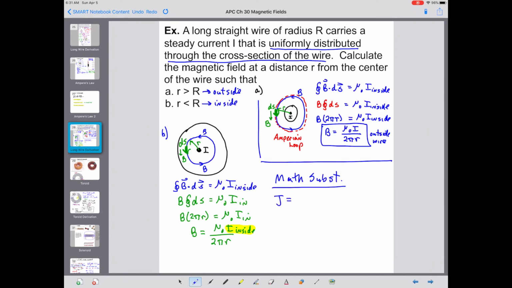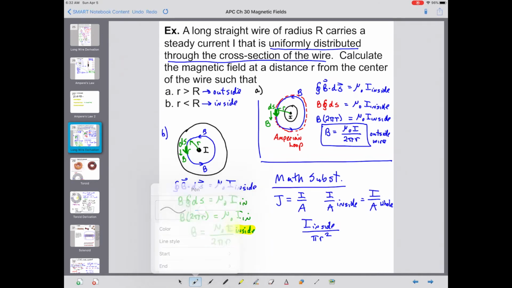That basically means we're going to set up a proportion, and we're using the idea of current density, I over A. So then I over A when you are inside the wire is equal to I over A for the whole wire. So then setting up that proportion, I inside over the area inside, which would be pi little r squared.